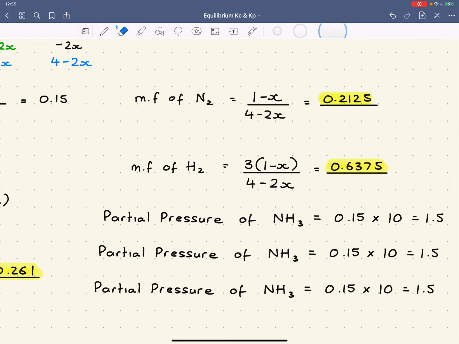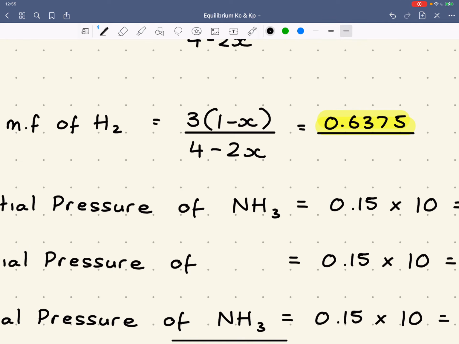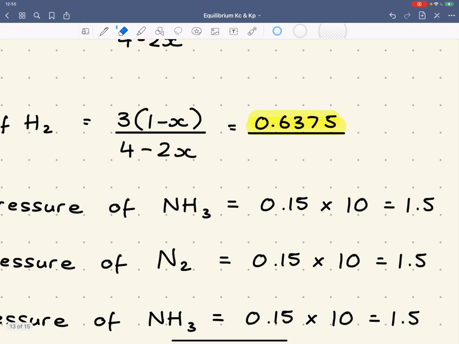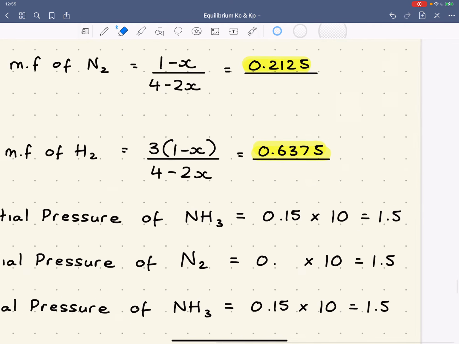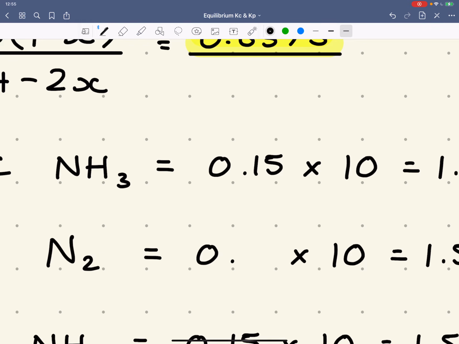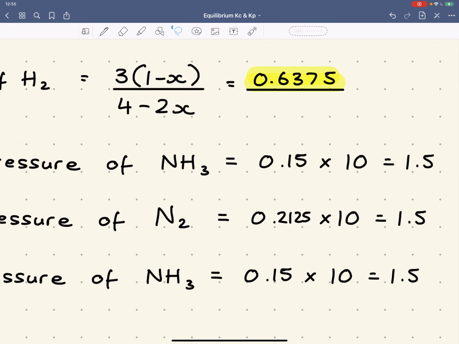The partial pressure of nitrogen: nitrogen is 0.2125 times 10, and that gives me 2.125.